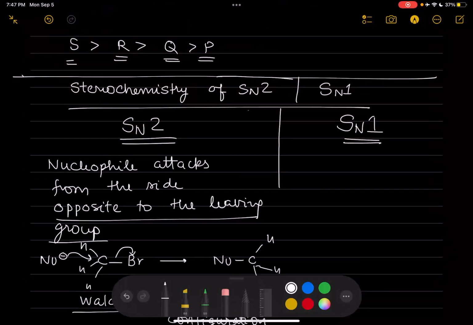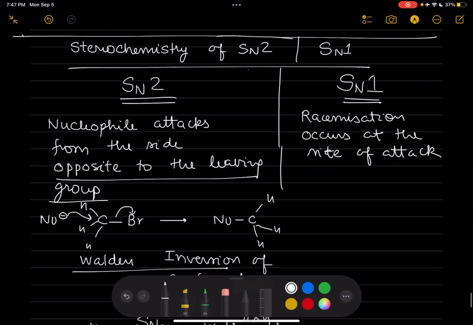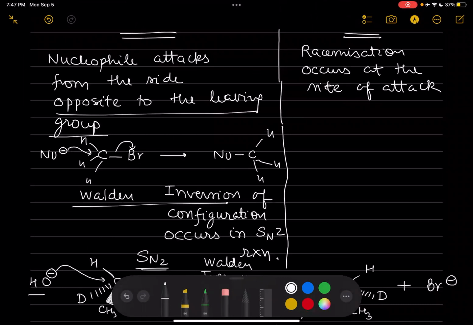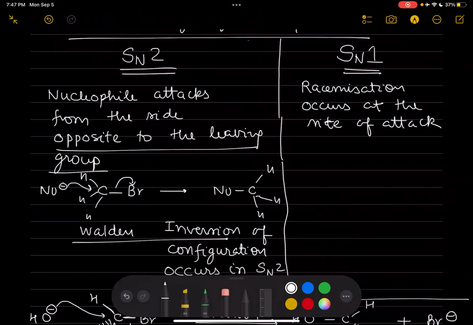While in SN1, now my question is, where will the bonds turn finally? In SN2, they moved to the opposite side. But in SN1, actually two molecules form.